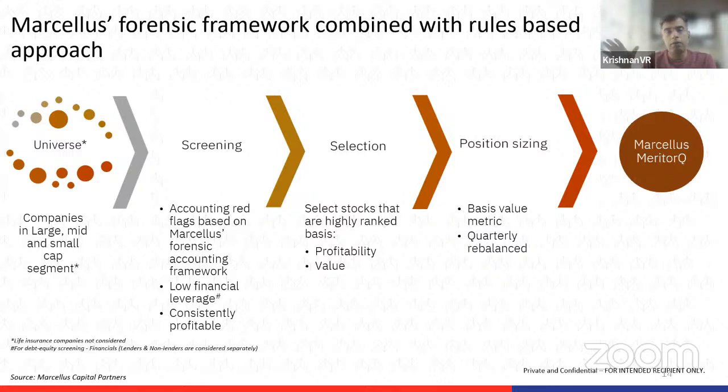So even if there is a drawdown, I believe the small and mid caps we have today in the portfolio are much better placed than other small and mid caps out there in the market, and hence they should be able to weather the drawdown much better.